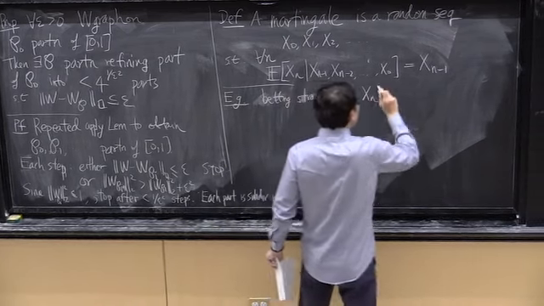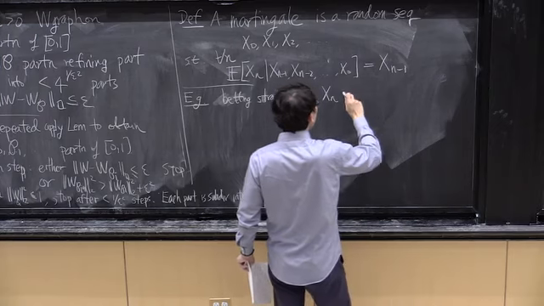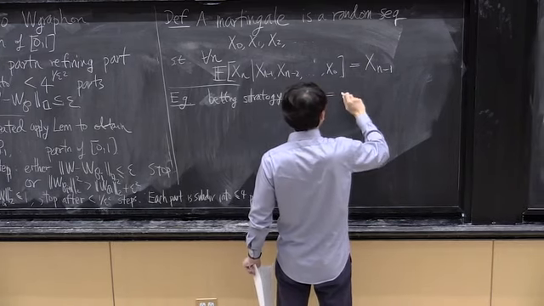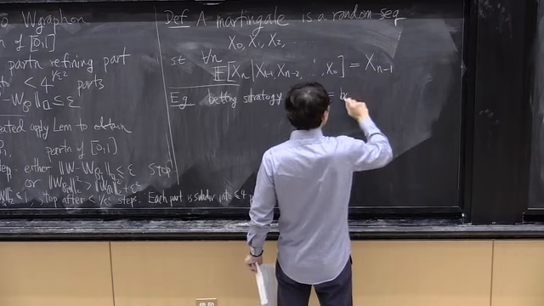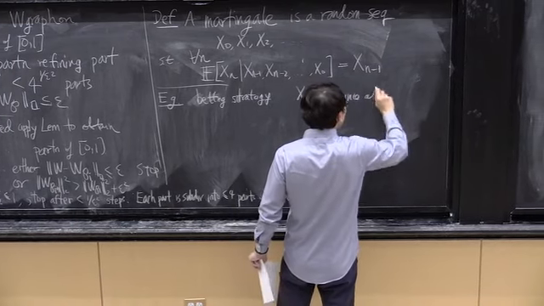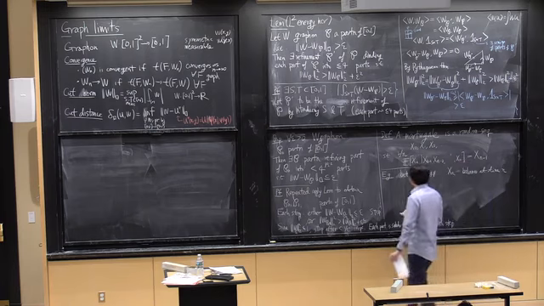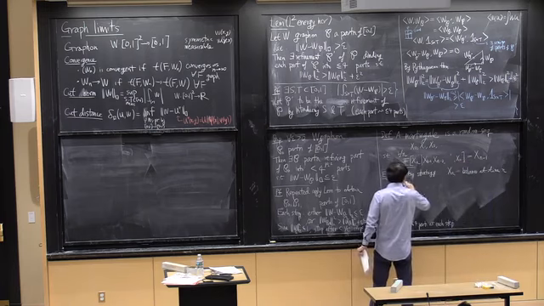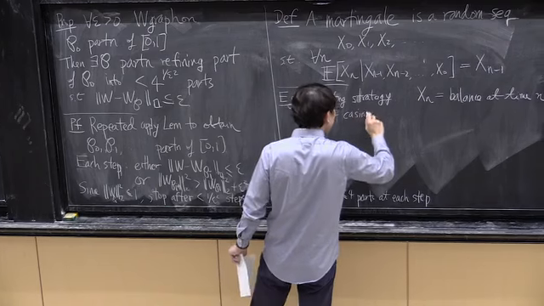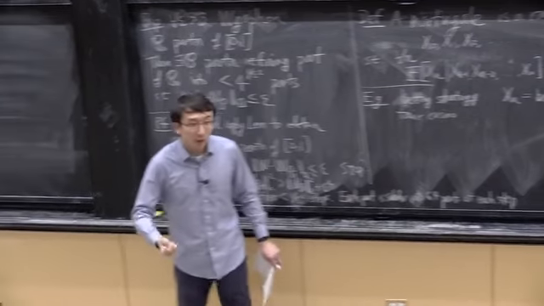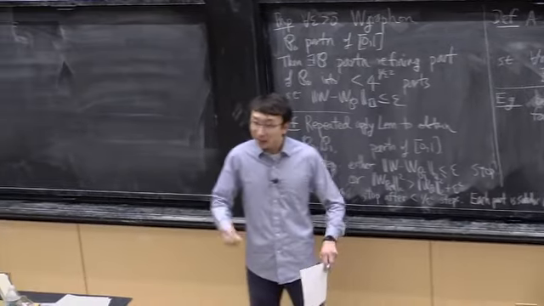And x sub n is equal to your balance at time n. Suppose that we're looking at a fair casino where the expectation of every game is exactly 0.